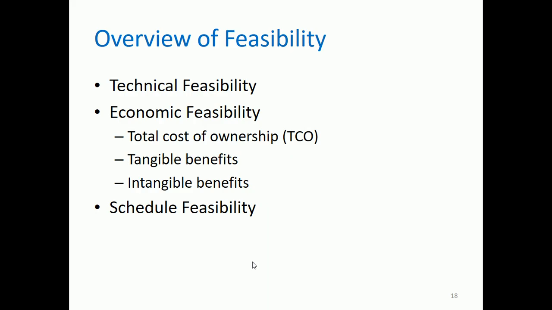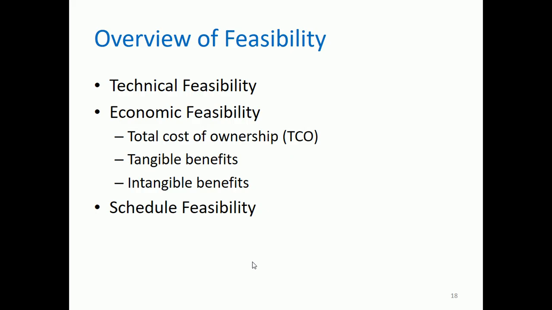Okay, next is economic feasibility. So we have total cost of ownership. So how much will the company be investing in that IS project? And then, what are the tangible benefits if that project will be successful? And also the intangible benefits.